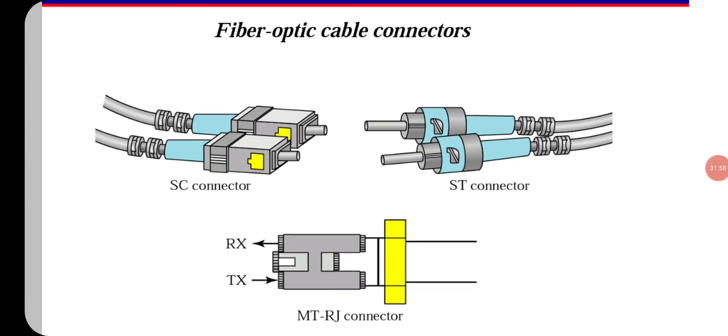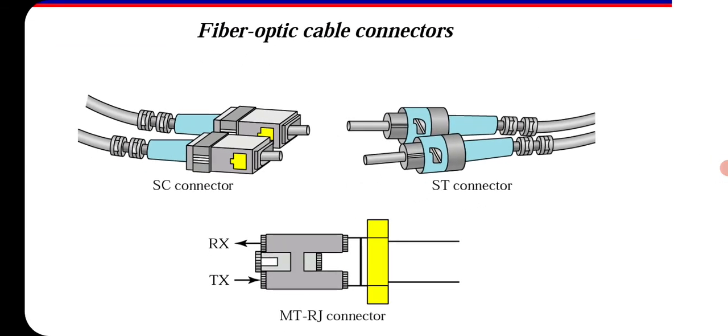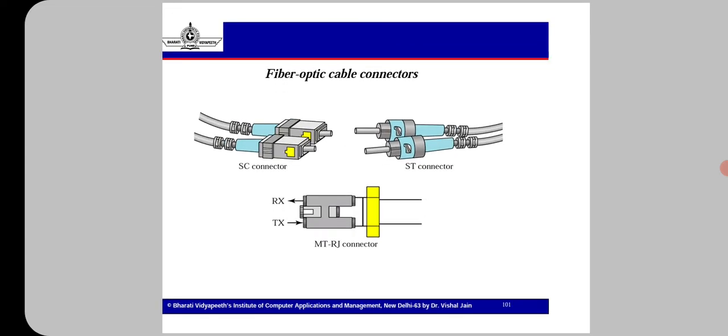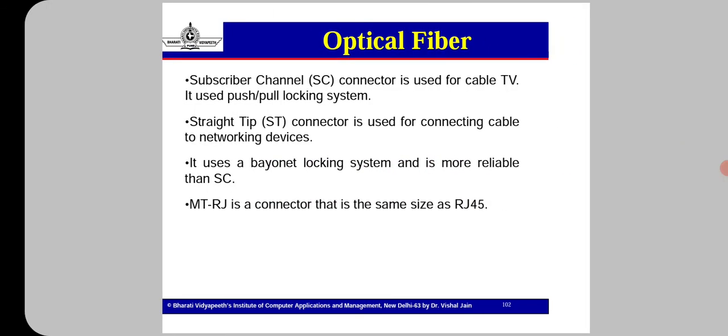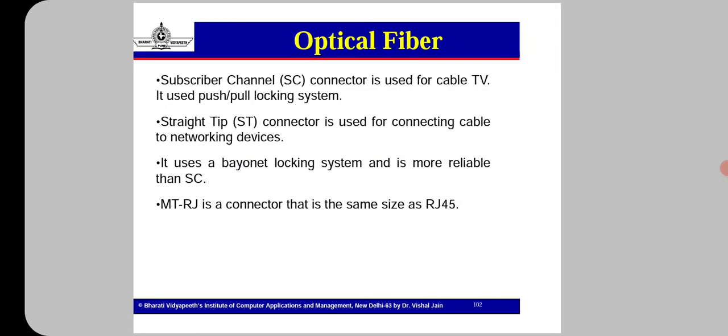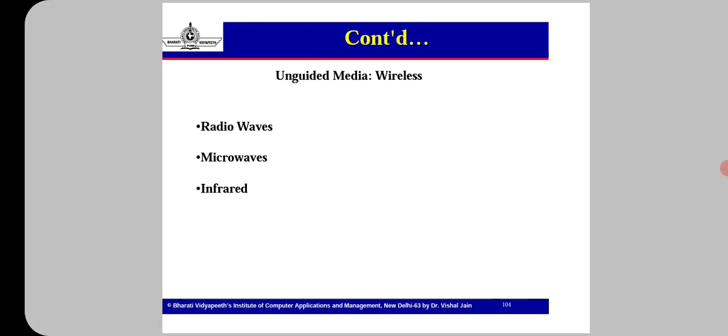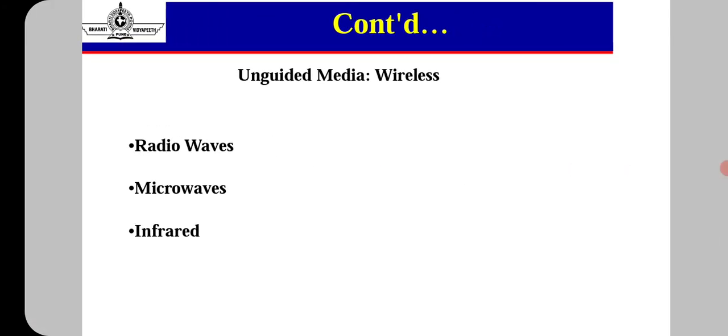So, these are examples of using fiber optic cables. The first type of data transmission is called guided media. The second type of data transmission is unguided media, which is generally used for wireless transmissions.